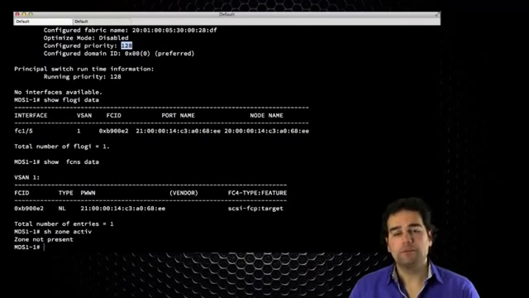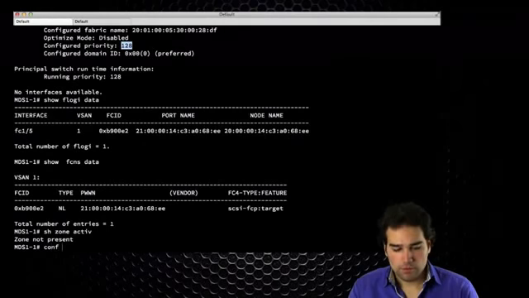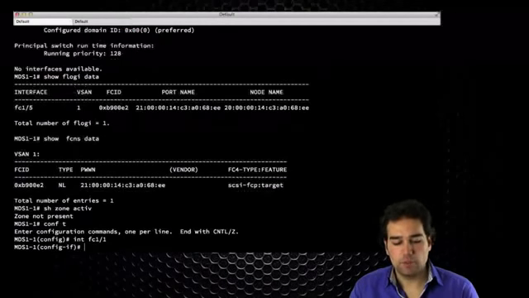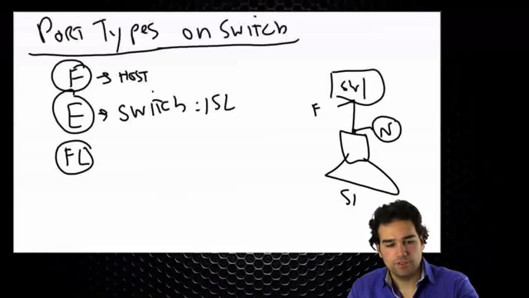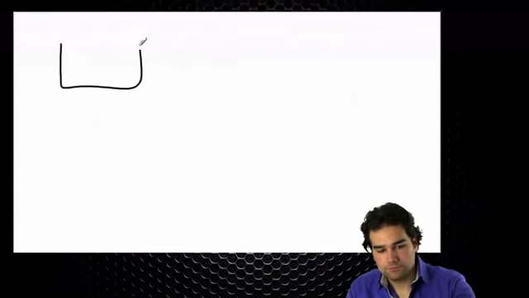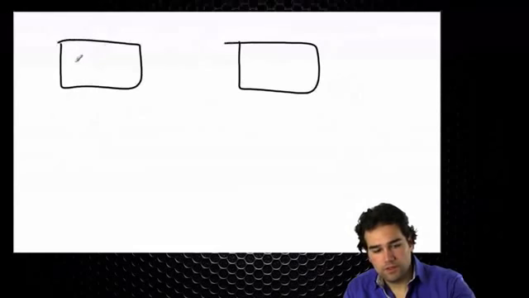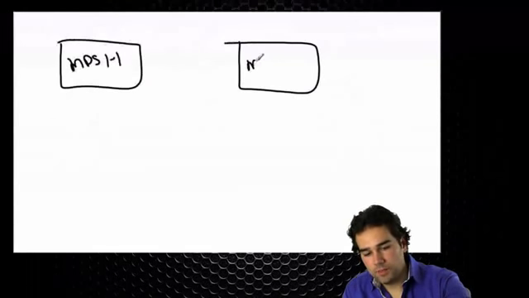What I'm going to do now is I'm going to bring up an E port. I know that behind fibre channel 1/1 I have another switch. So my topology looks like this. I have MDS1 and I have MDS2.